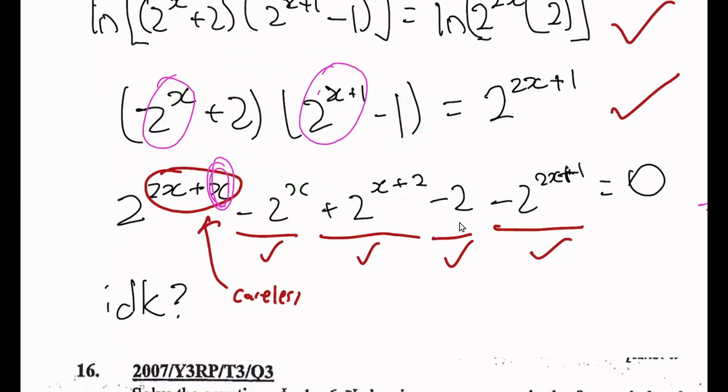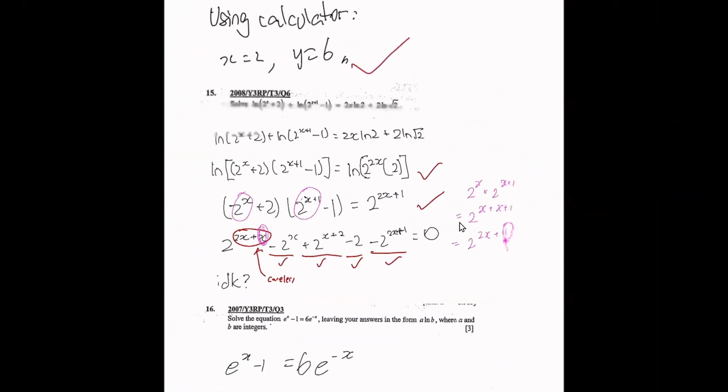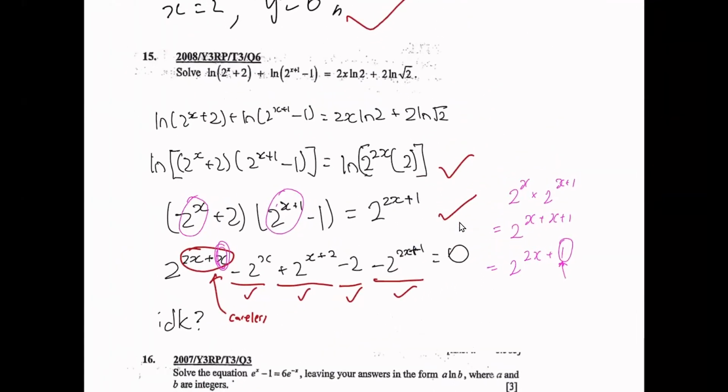Wait, this is question 15. 2 to the power of x times 2x. Oh, won't it be like x squared plus x? What happens when you have same base, different power? Oh, you just add 2x plus 1. Yeah, exactly. Not plus x.